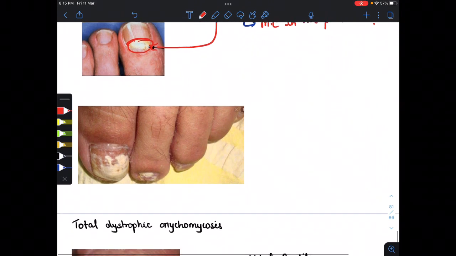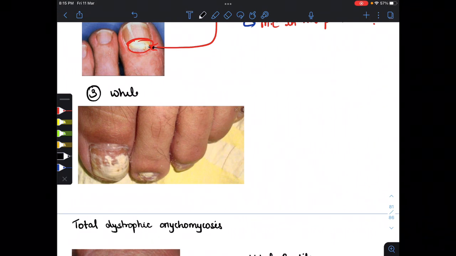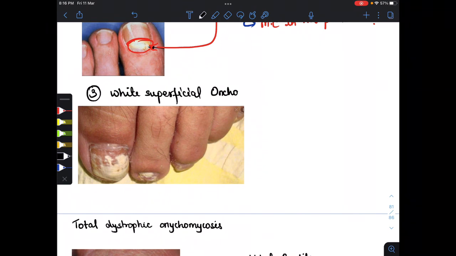The next one is white superficial onychomycosis. Superficial means only the upper part is involved. Here the localization of the fungus is superficial, over the dorsal surface of the nail plate.